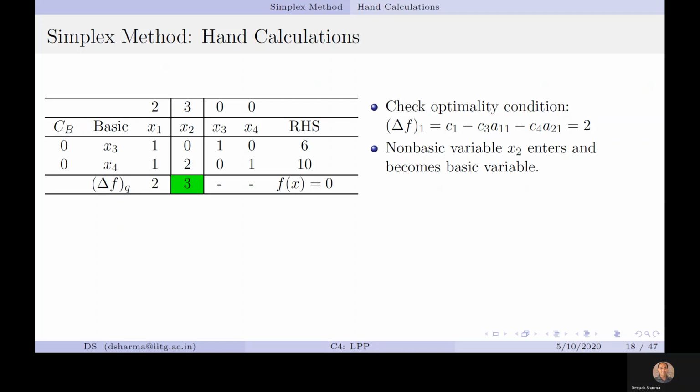We first apply the optimality condition, in which we find delta FQ. Currently Q corresponds to solution 1, which is x1, and solution 2, which is x2. So how do I get delta F1? I look at the column corresponding to CB and the column corresponding to x1.